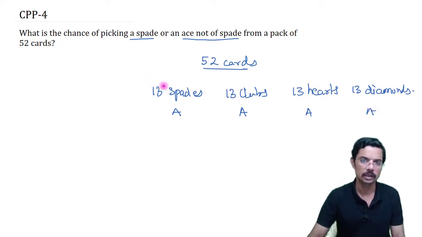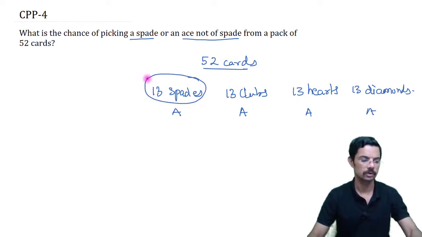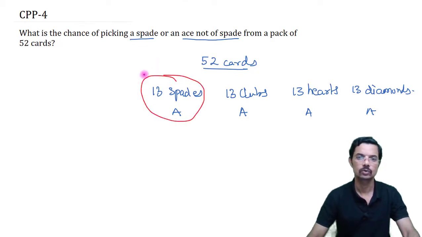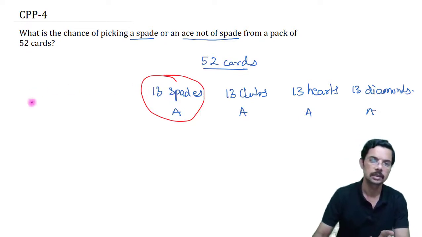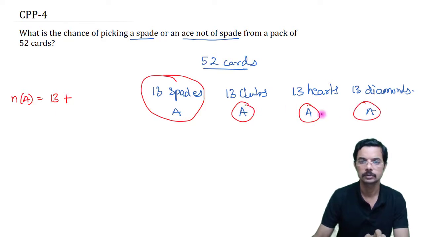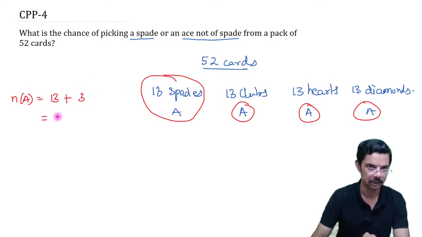It could be a spade, which includes the ace, so that is 13. Number of elements favorable to A will be 13 plus an ace which is not a spade. No other cards are favorable, only aces. Out of these 13, one is ace, so I am going to take 3 of them. So total number will be 13 plus 3, that is equal to 16.